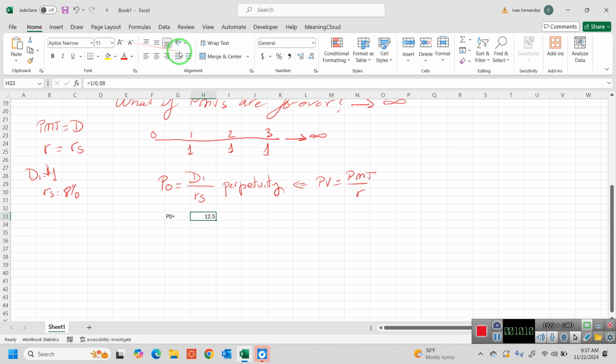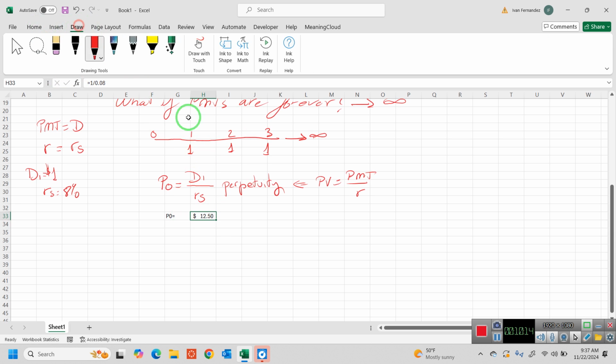That's it, $12.50. So if this was a company that you were analyzing and this company paid $1 dividends and is expected to pay forever, that will be the fair value of the share, $12.50.